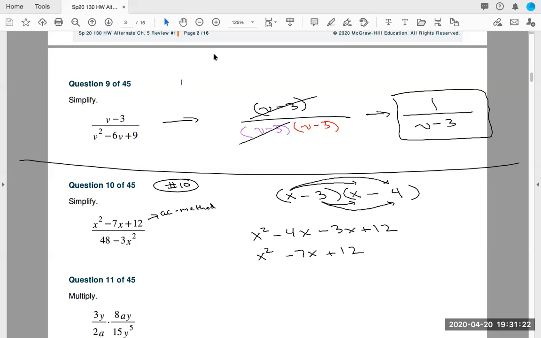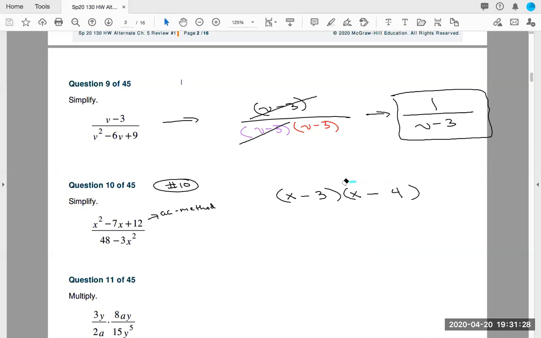Okay, let me erase these and this. Okay, so this was our numerator.